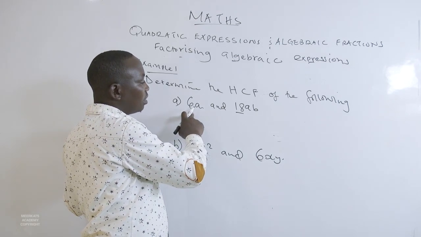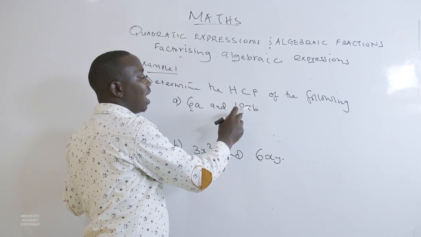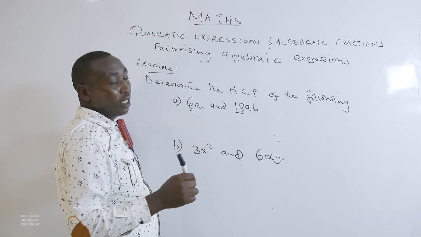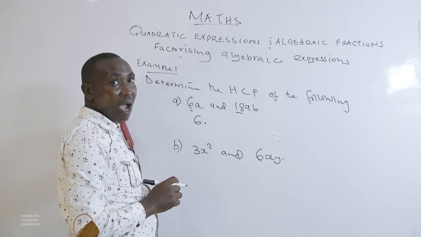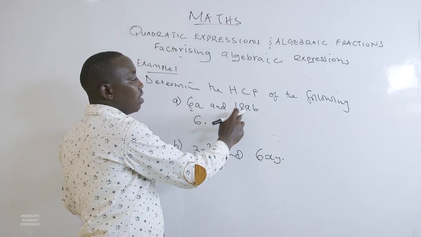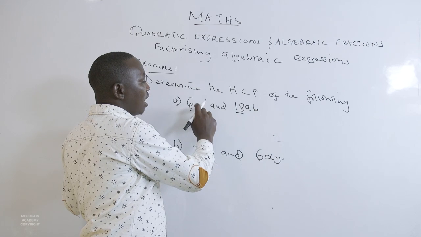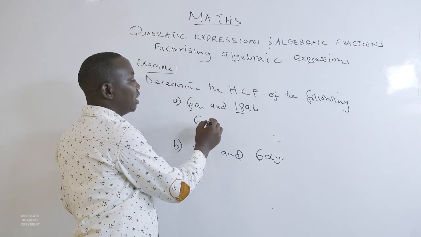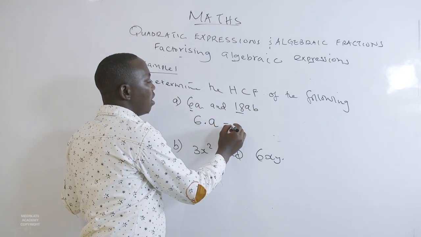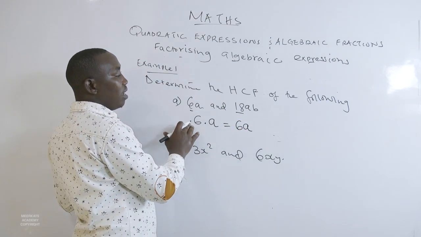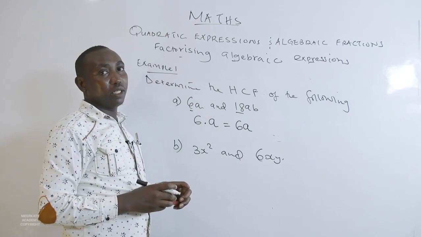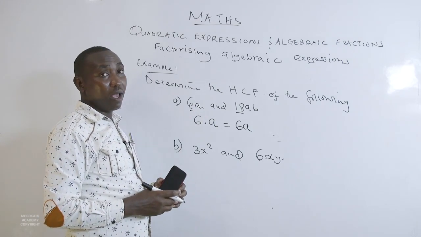The term that is highest and common between 6 and 18 is 6 itself. So we have 6 multiplied by a, since a is common, which will be 6a. So in this case, 6a is the highest common factor.